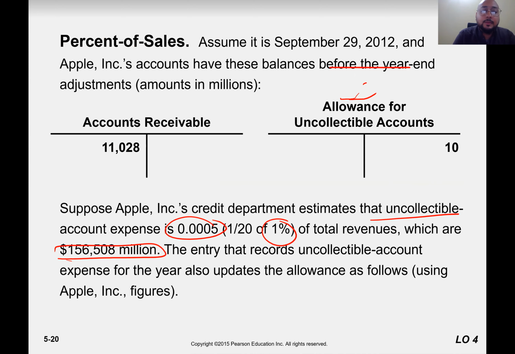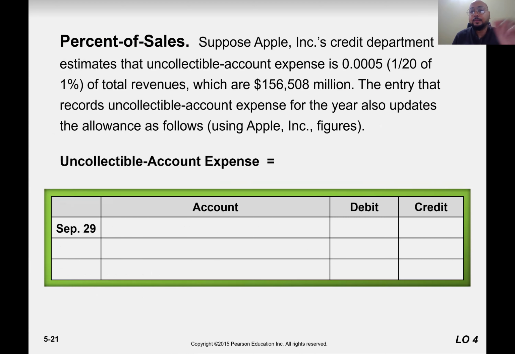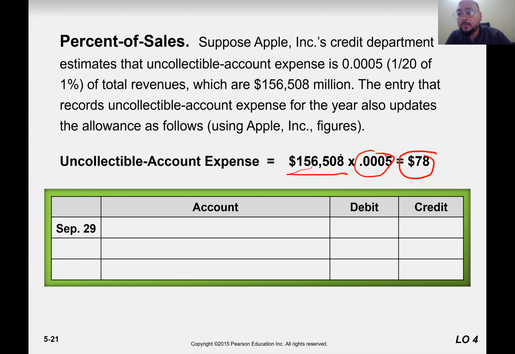So 156,508 million multiplied by 1% is your uncollectible expense. So what are the figures? Simple, 78 million. You multiply 1%, or 0.005, with your sales. So how do you record it?